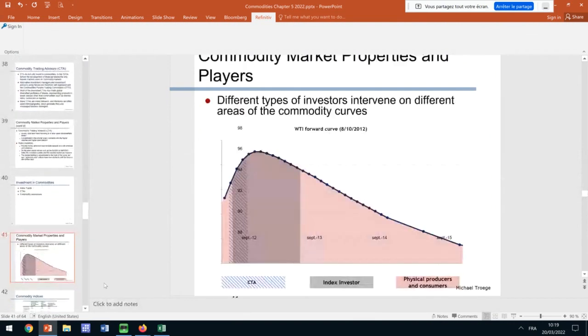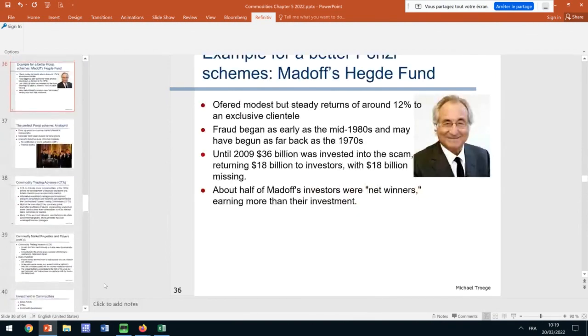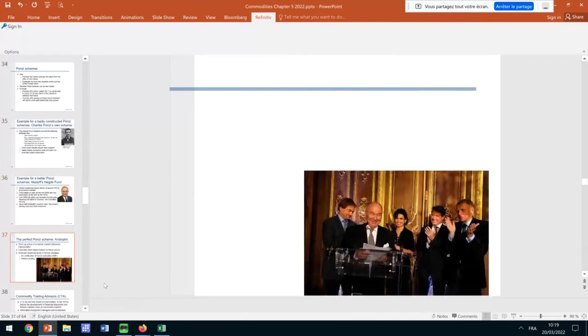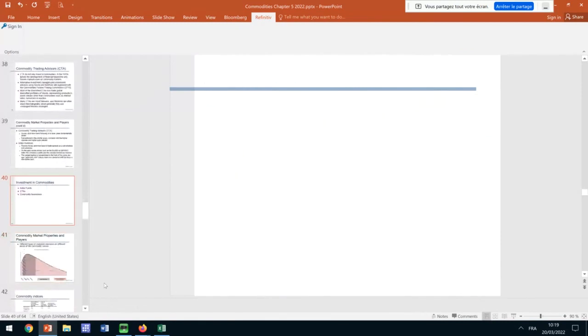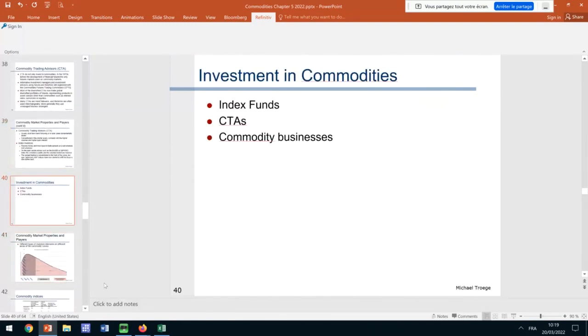Good. So let's skip all of the rest of the explanation about the fund management industry and what a hedge fund is and so on, and let's really look at the commodity funds.